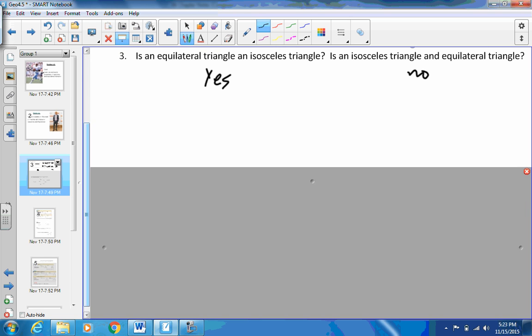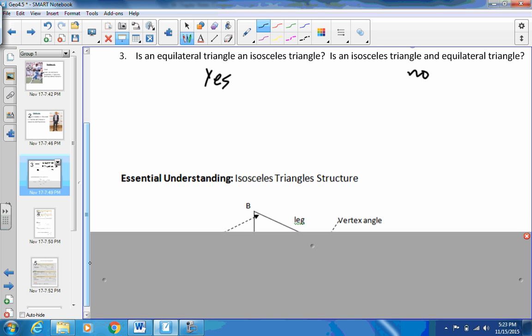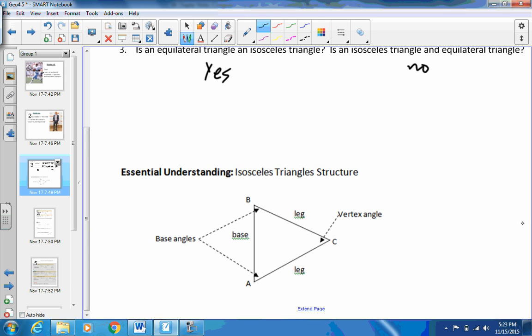All right, so just to get a base as to where we're going, here's a couple terms. I know they're not definitions here, but if you're talking about an isosceles triangle, again, this is an isosceles triangle right here. So the base angles of an isosceles triangle are the ones that are opposite of the two legs. And the two legs are the ones that are congruent.